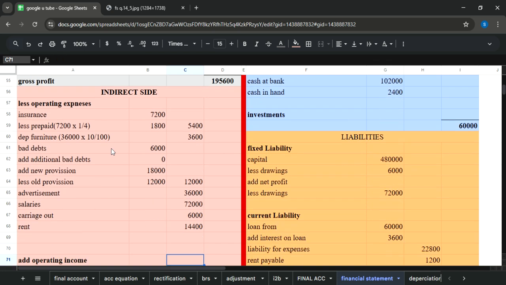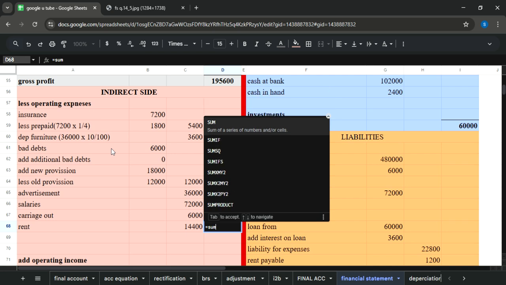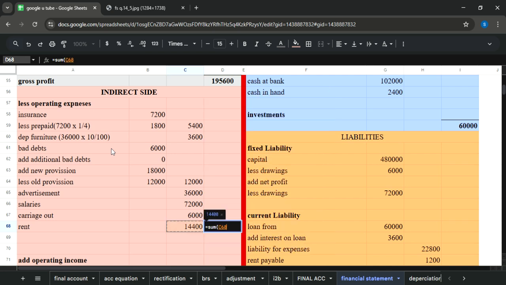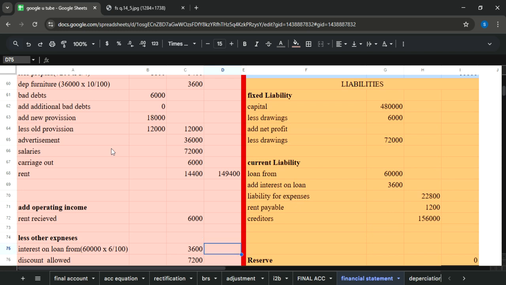There is no other adjustment, so finally we can calculate the sum of operating expenses. And here you can see from 14,400 to 5,400. Operating expenses calculated. There is only one operating income, rent received.